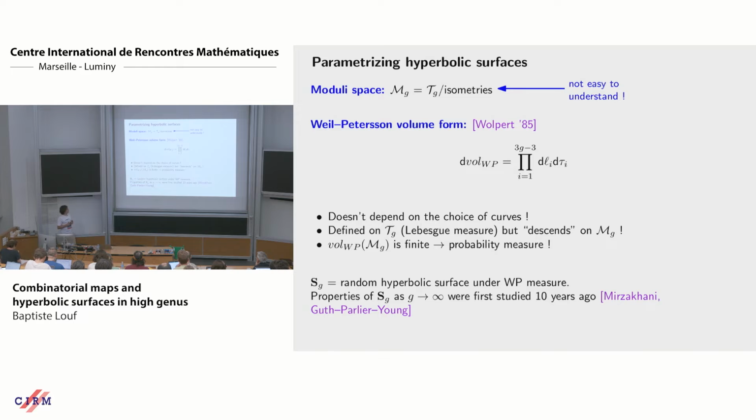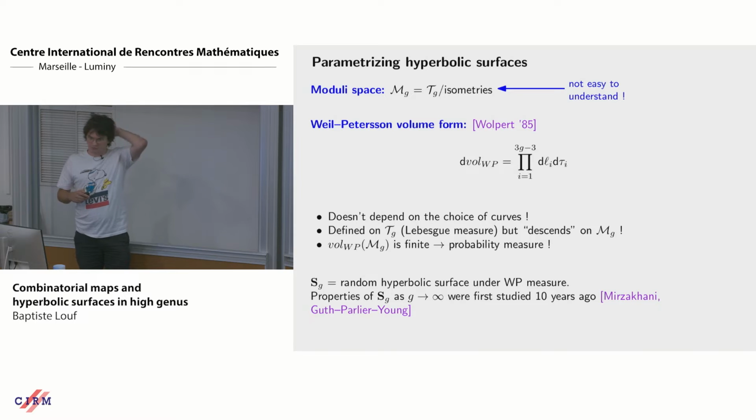Ten, fifteen years ago now, people started to try to study the geometric properties of S_G as the genus goes to infinity. We can thank Maryam Mirzakhani and also Hugo Parlier, Guth and Young for starting the trend, and it hasn't died out, I must say. So that's for hyperbolic surfaces.